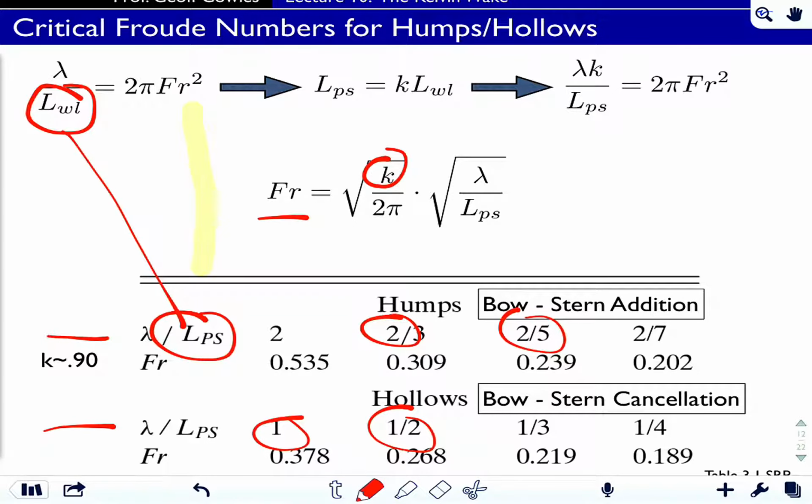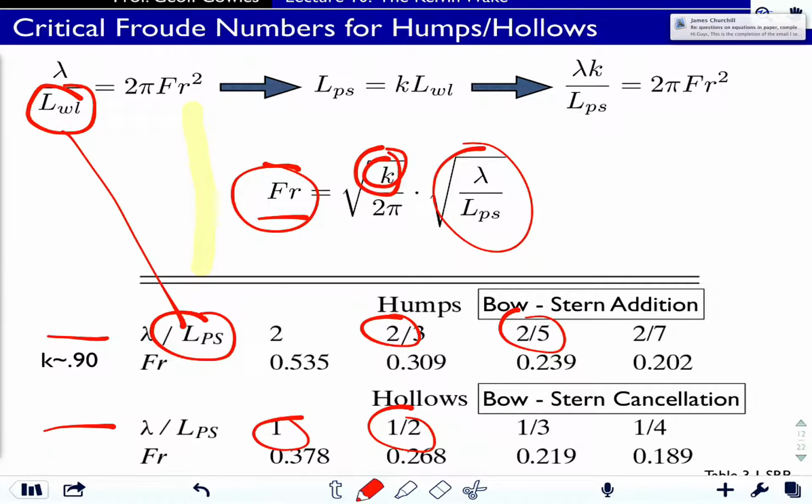But we can connect Froude number with these magical ratios that produce humps and hollows, with this inclusion of K. If we include these factors in, we can compute a Froude number, which I've done here: 0.535, 0.309, 0.239, 0.202, 0.378, etc.